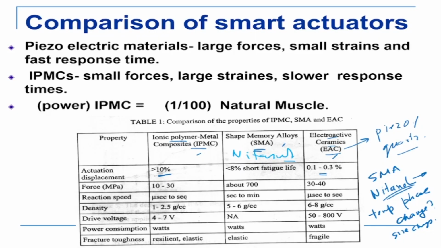In case of force, IPMCs generate small force, piezos generate high force. Reaction speed is more or less the same. In terms of drive voltage, IPMC requires very small voltage to drive, whereas electroactive polymers require very high voltage to drive. In terms of mechanical properties, this is elastic, this is also elastic, this is a metal, whereas this one is fragile.